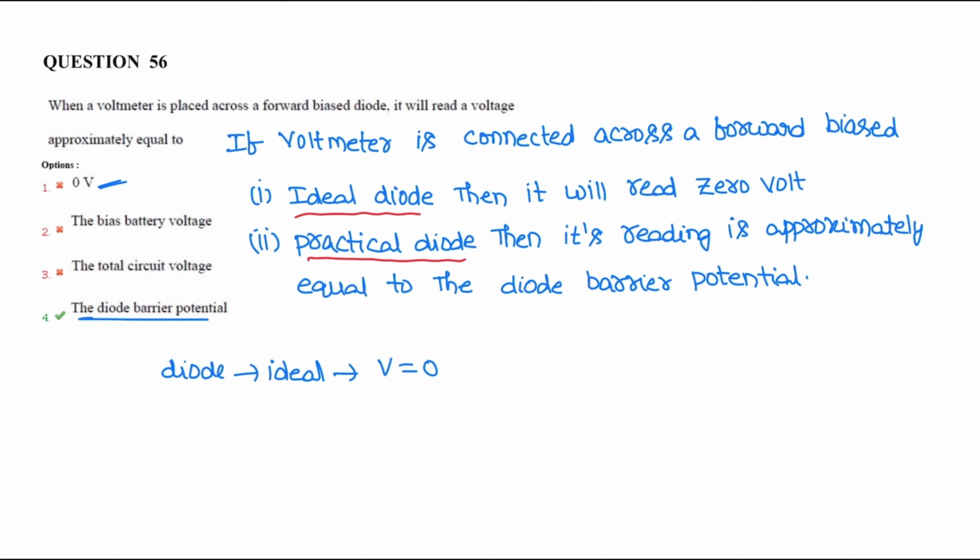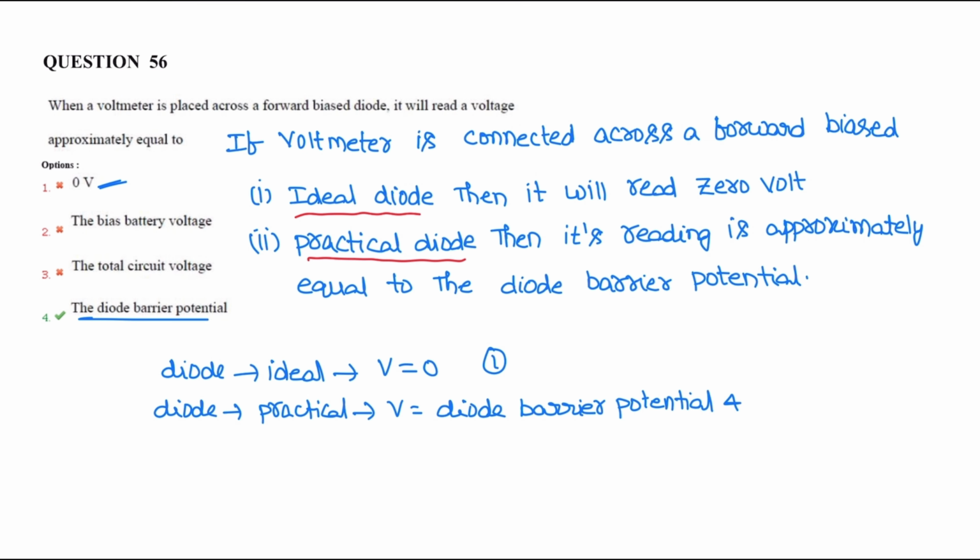If the diode is practical, then the voltmeter reading is the same as or approximately equal to the diode junction voltage or diode barrier potential. Option 1 is correct if the diode is treated as an ideal diode. Option 4 is correct if the diode is taken as a practical diode.